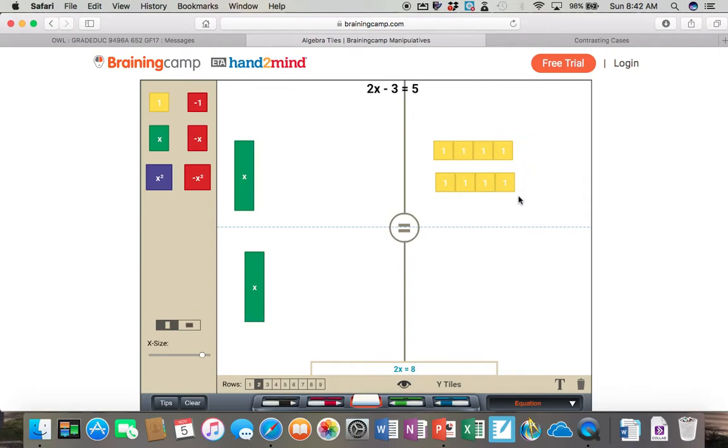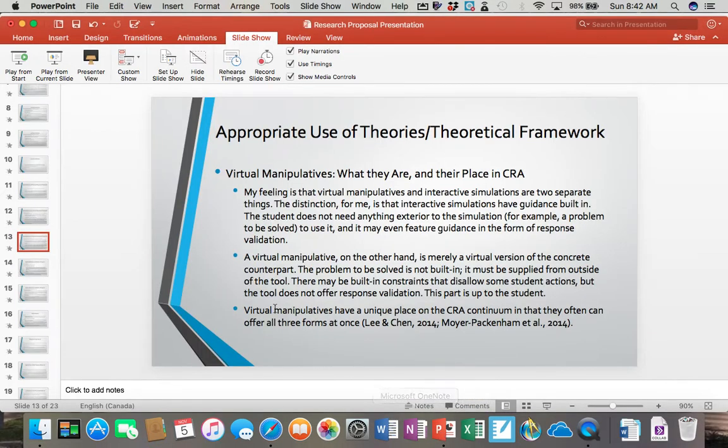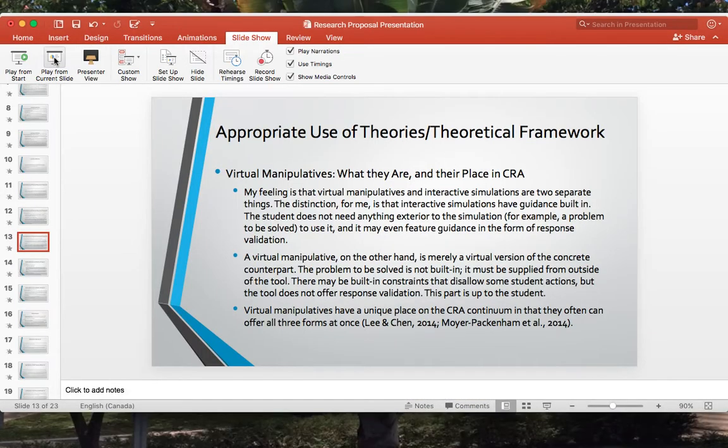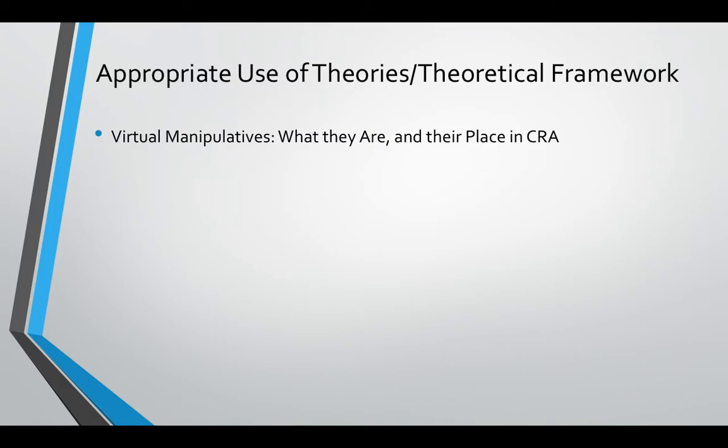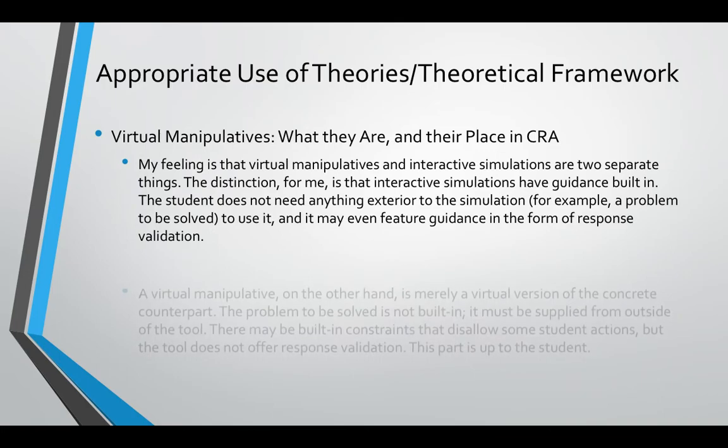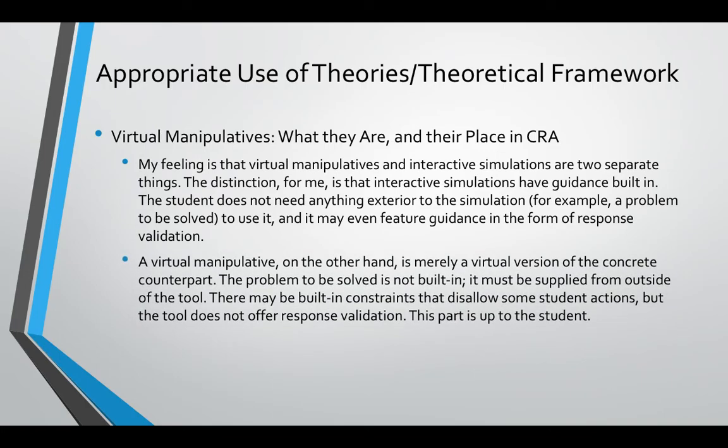And then I need to divide this part by 2, and then I have my solution down at the bottom. Each one of these is actually solution x equals 4. Okay, so that's how I'm showing that virtual manipulatives at one time are showing all aspects of the CRA continuum.